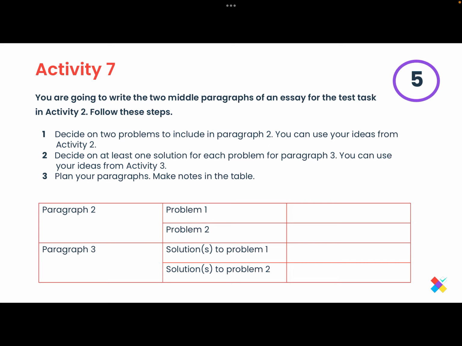Okay, I'll shut up. I'm going to give you 5 minutes for this activity. You can work alone or you can work together, however you feel comfortable.